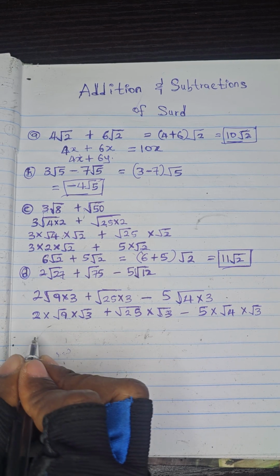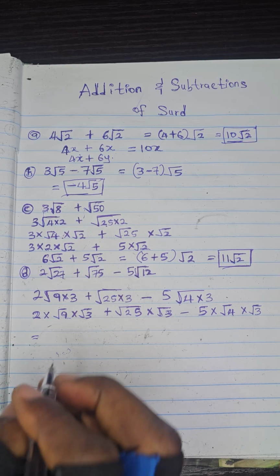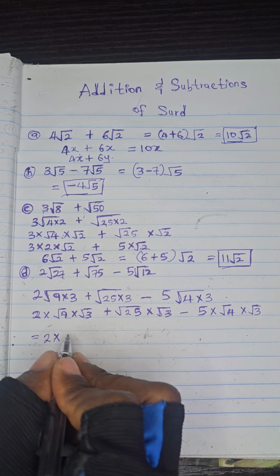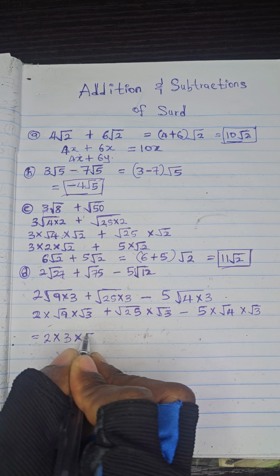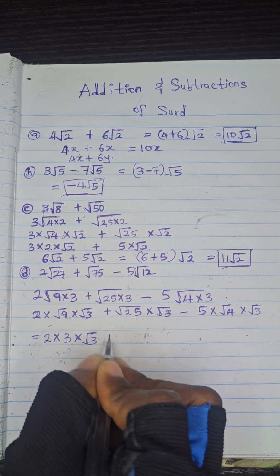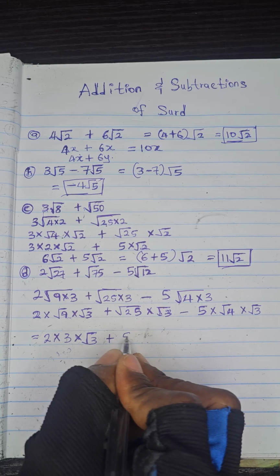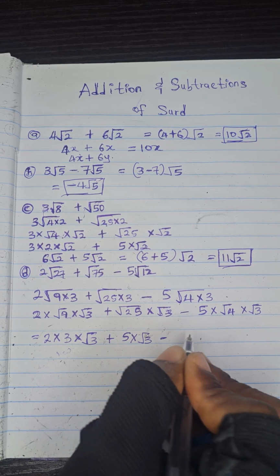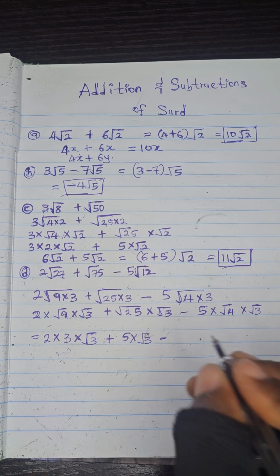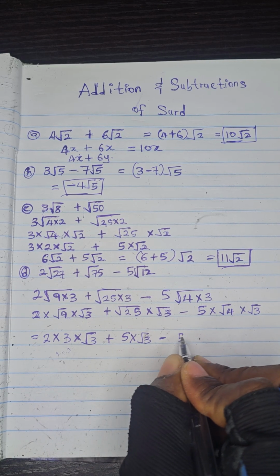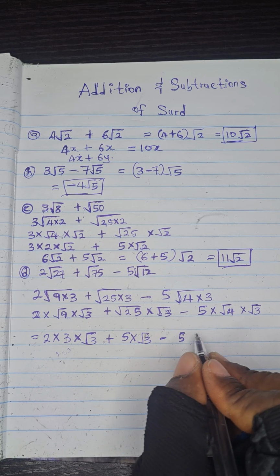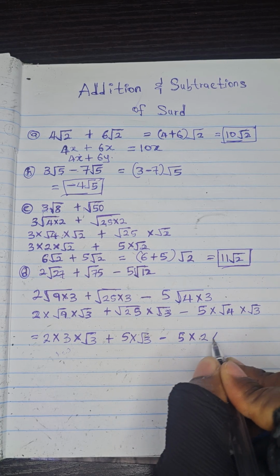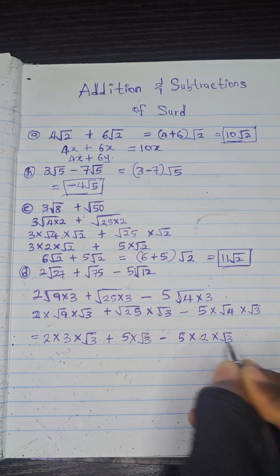So we get, let me jump a line so it will be more visible. We have 2 multiplied by square root of 9, which is 3, multiplied by square root of 3, plus square root of 25, which is 5, multiplied by square root of 3, minus 5 multiplied by square root of 4, which is 2, multiplied by square root of 3.